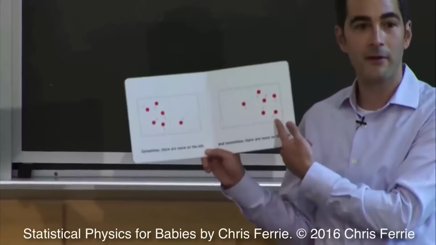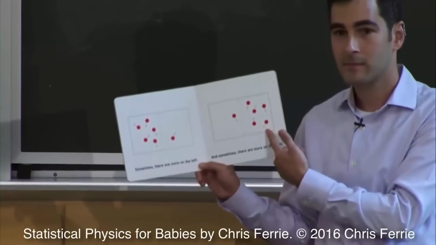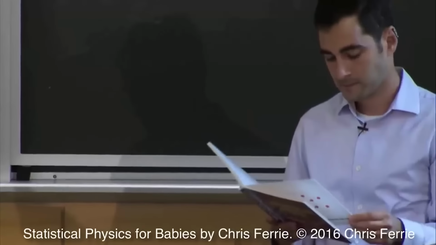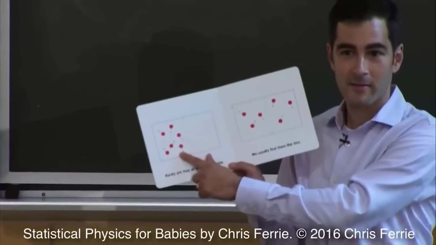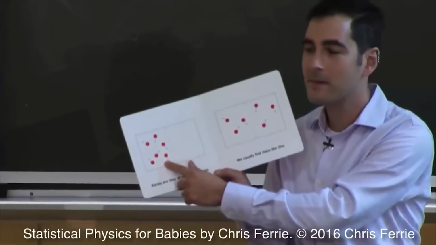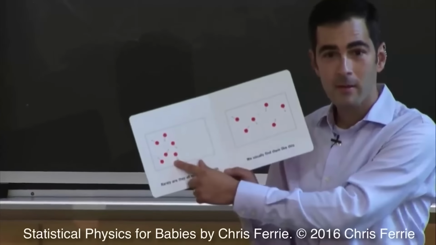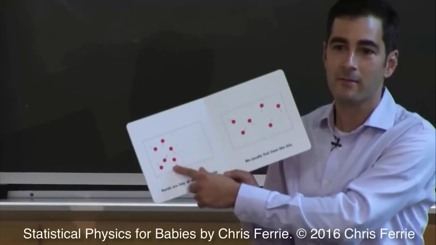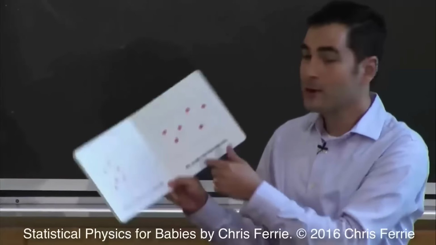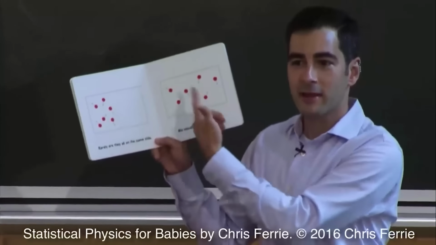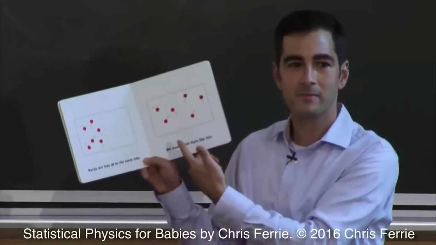And sometimes you might find more on the right. But you'll almost never find them all on one side. Right, that would be pretty surprising. It doesn't seem impossible, but it'd be surprising if things are random. We all agree with that? Okay. So we normally find them like this, right? It looks pretty evenly distributed around the space.